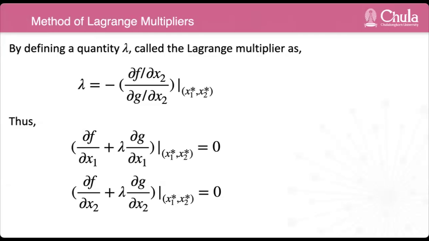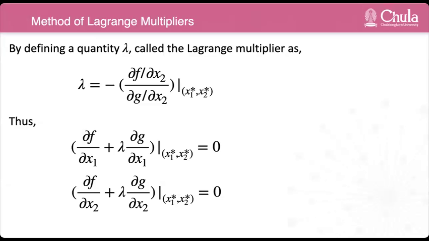So we change the necessary condition to this expression: derivative of f by x1 plus lambda times the derivative of g by x1 must be 0. This is from the necessary condition we derived a couple of minutes ago.